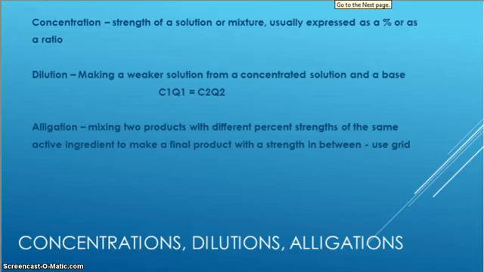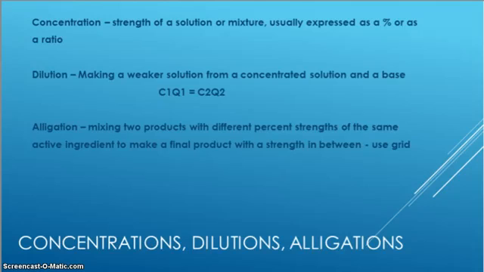Alligations are a little bit different. However, the alligation grid that I'm going to teach you this evening is something that you can also use for dilutions. So now that we're learning the alligation grid, it can be used for both alligations and dilutions. What an alligation in general does is allow you to mix two products together that have different percent strengths but the same active ingredient.